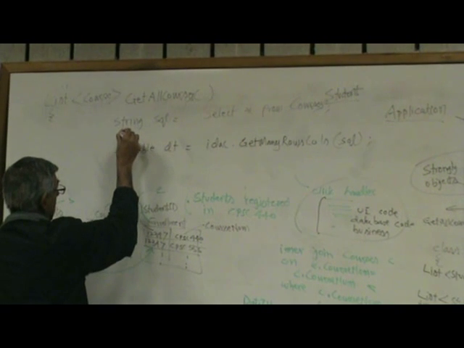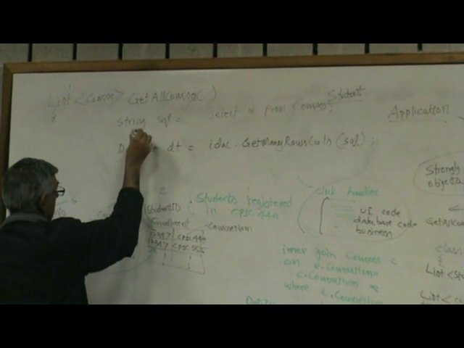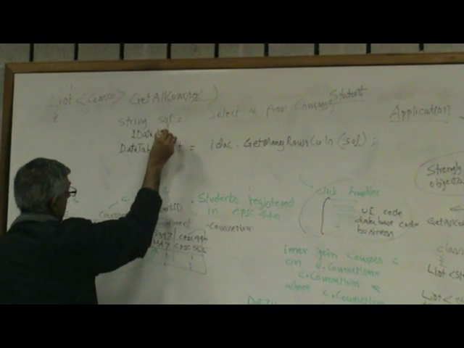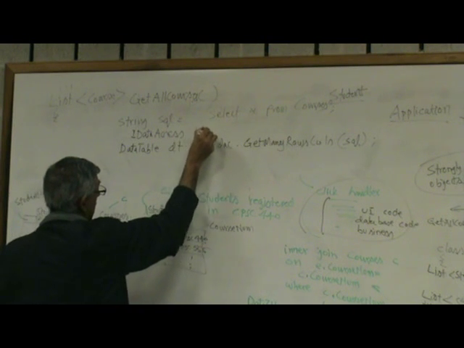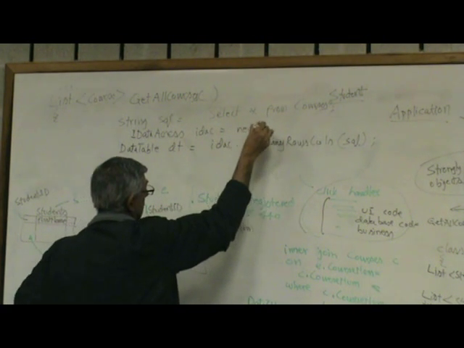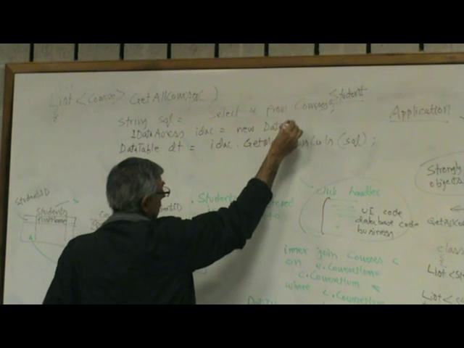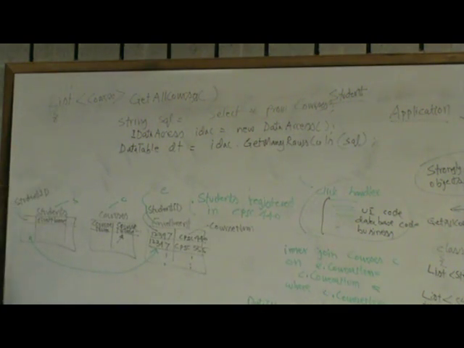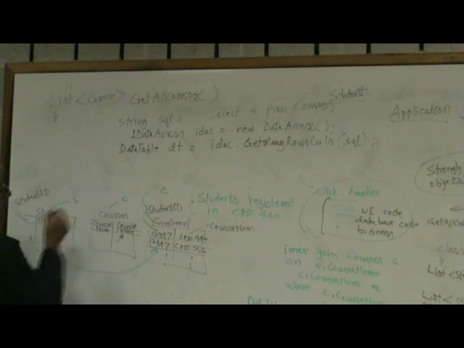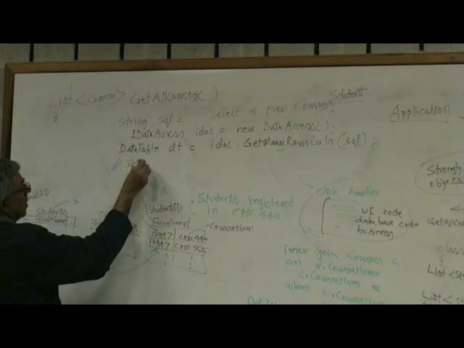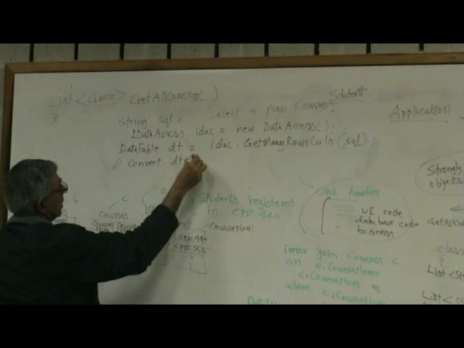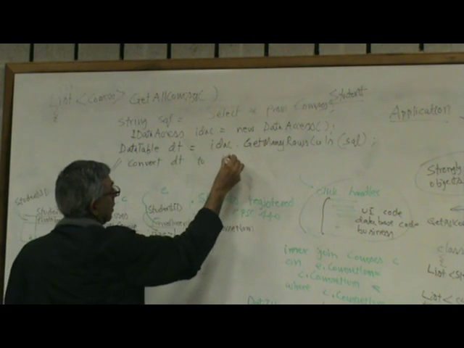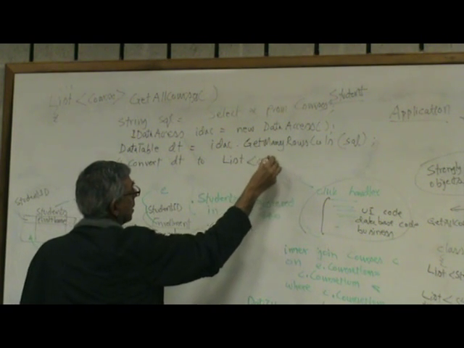And pretend you already have IDataAccess idac equal to new DataAccess, so you already created an object of it, correct? Okay, so now what do we have to do now? Convert the data table to what? Course list. Convert dt to a list of courses, correct?